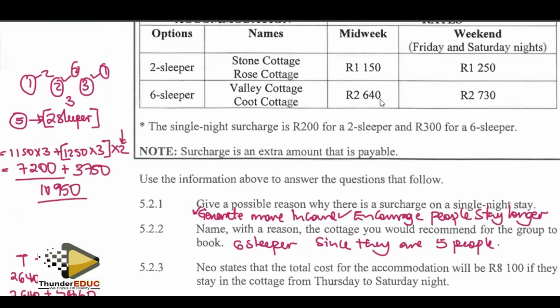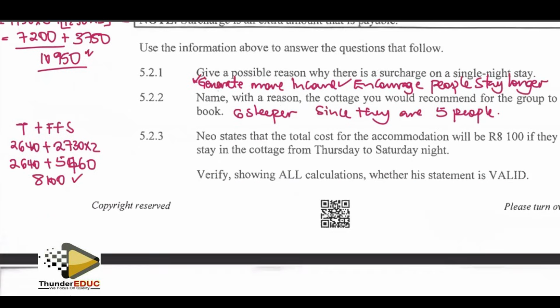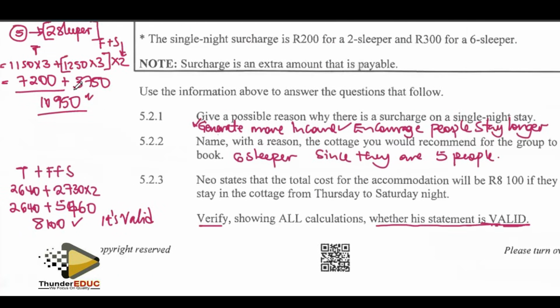Why am I multiplying by 2? Because we have Friday and Saturday. This is just Thursday. This will cater for that. So the 2 sleeper couch is expensive. Okay, that's how we are showing it. And don't forget to conclude and say it's valid. Why am I concluding? Because they say verify showing whether the statement is what? Valid. I need to conclude and say it's valid. Get 1 mark. So we can't use the 2 sleeper.